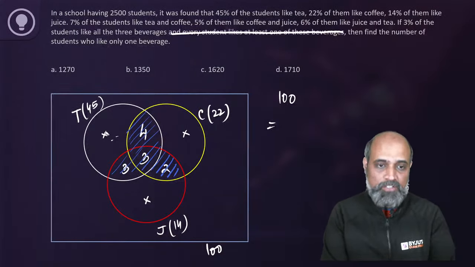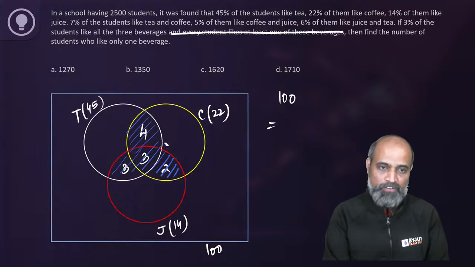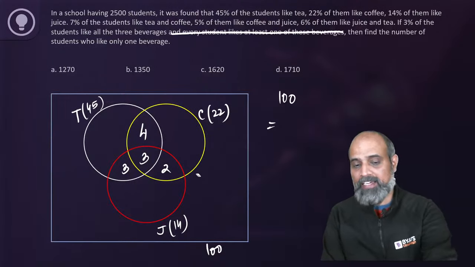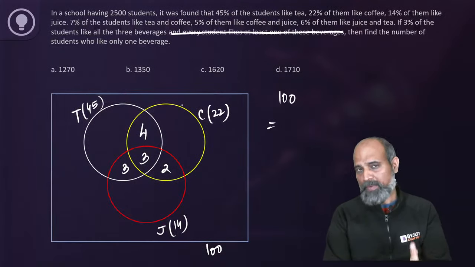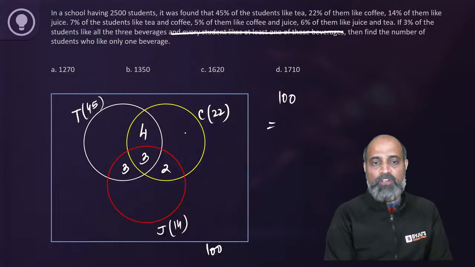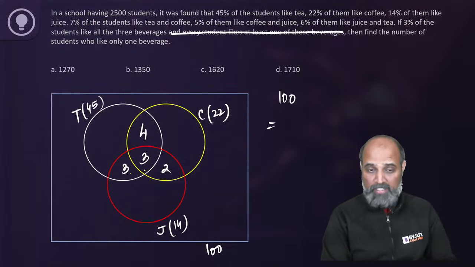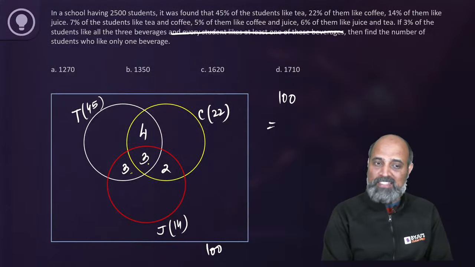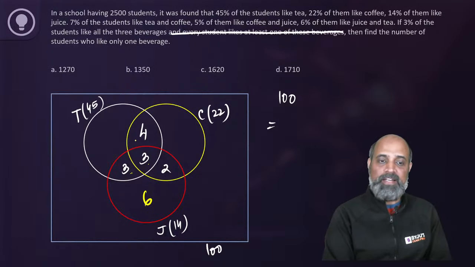Okay. So right now we will have to actually find out how many students like only tea, only coffee, and only juice, and then add them. That is the best that we can do right now. So out of 14, we can see the red circle, the juice circle. Out of 14, we see 3 plus 3 plus 2, which is 8. So this will be 6, right?